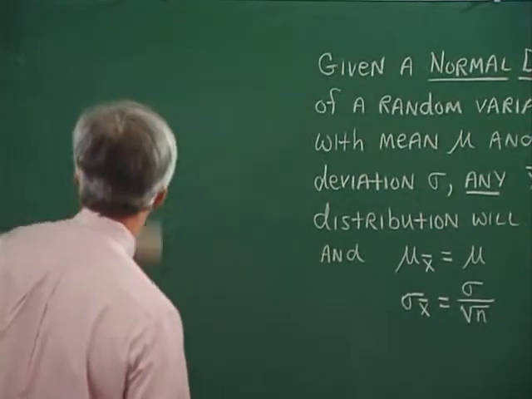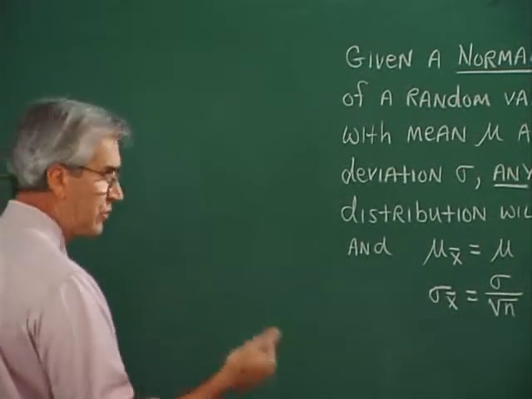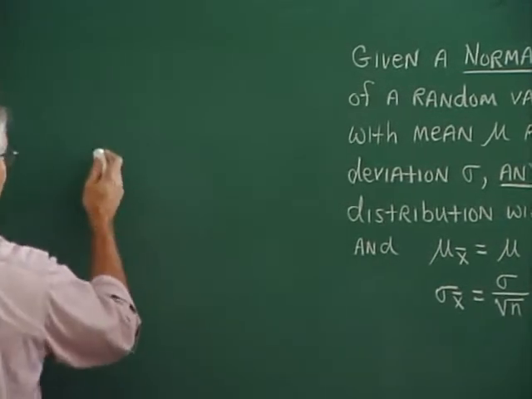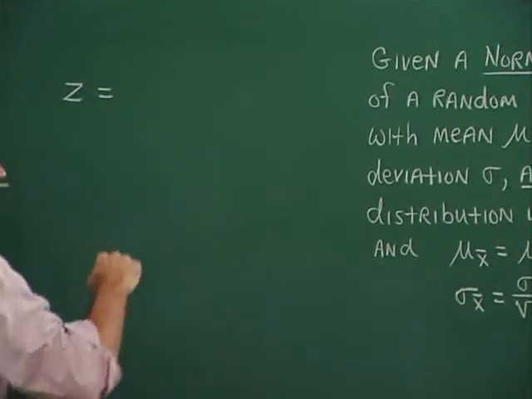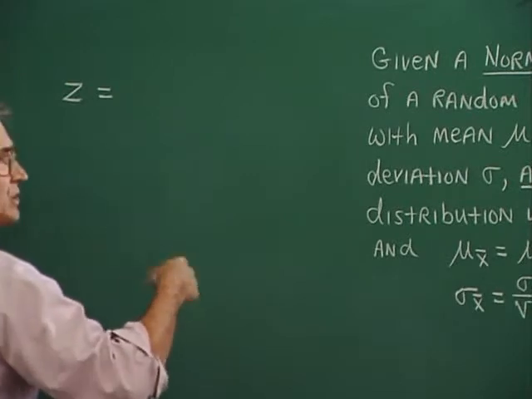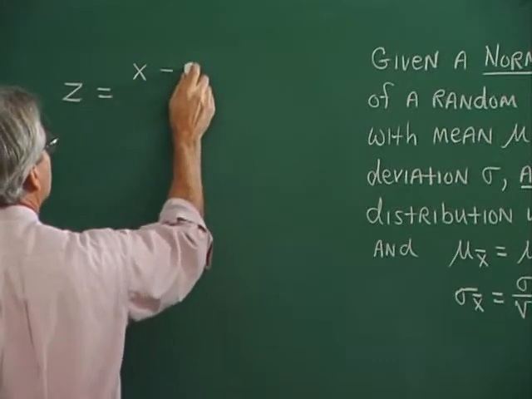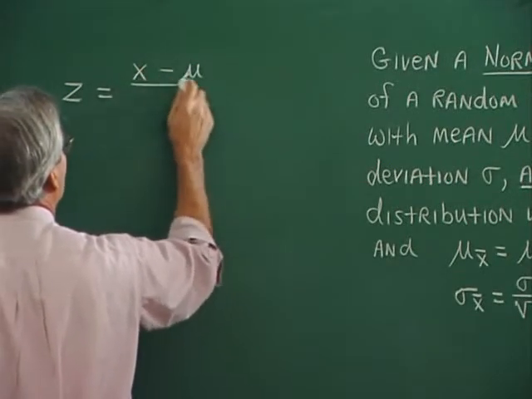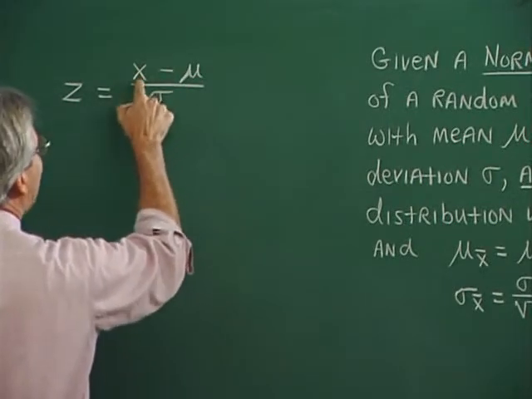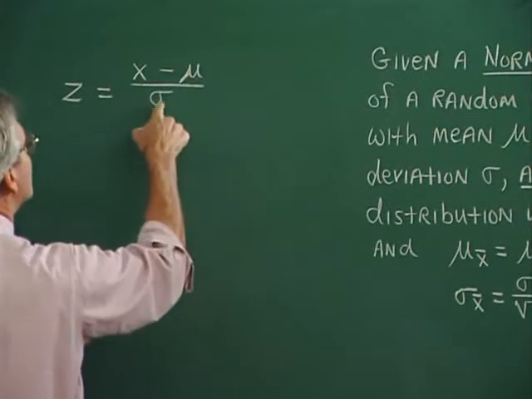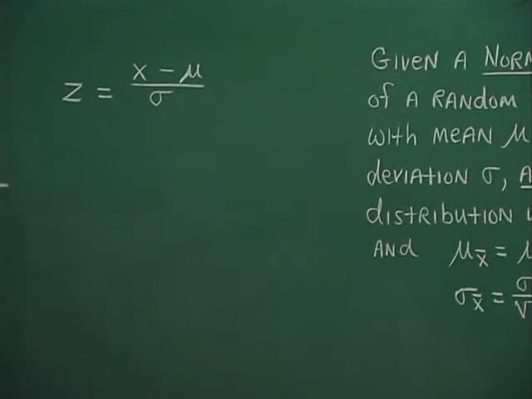From our previous discussion about calculating a z-score for an x distribution, a distribution of the random variable x, we know that z is calculated as the x value minus the mean, divided by the standard deviation. So this gives the number of standard deviations from the mean. That's what z is all about.